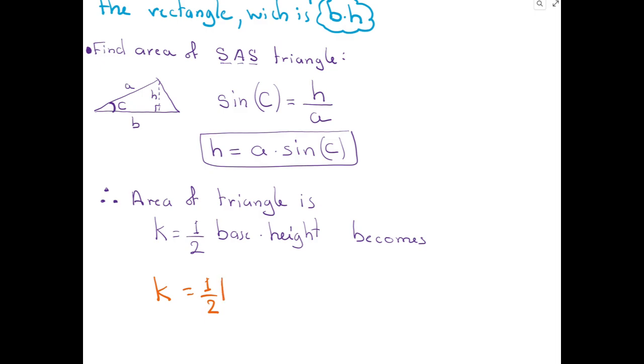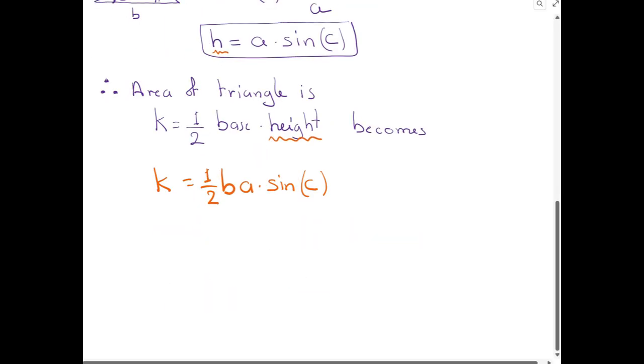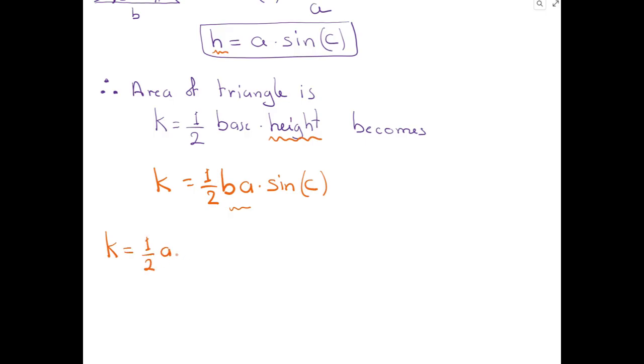The base is still going to be b, but now the height is going to be a times sine of angle C. And we usually put that alphabetically, so I'm going to reorganize those letters, right? So K equals 1/2, K being area, remember, a b sine of C.